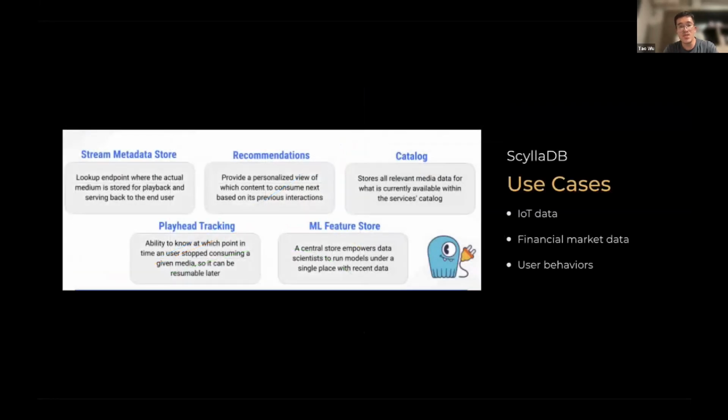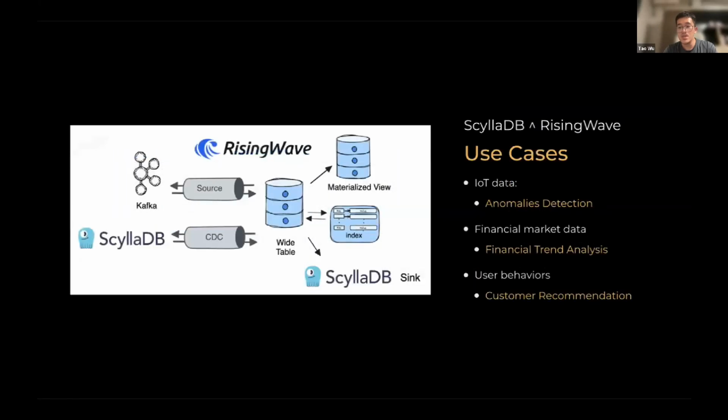So in general, I think ScyllaDB excels in scenarios where high ingestion rates are a must. IoT data, financial market data, user behaviors, these are just examples of the use cases. But here's the interesting part: many of these use cases require stream analytics running in the background to extract real-time business insights.